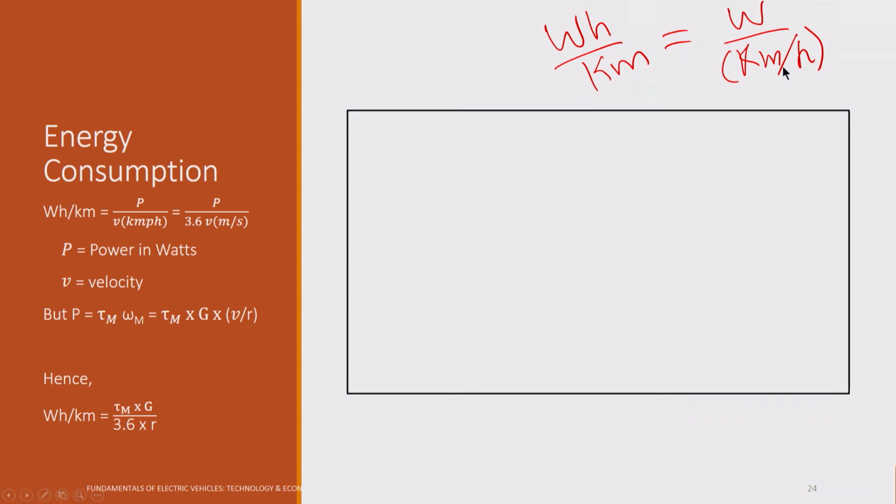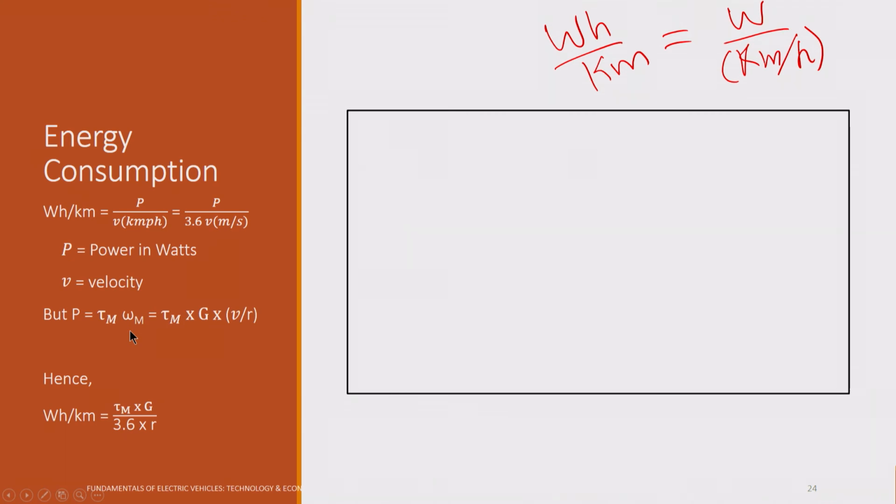So, this is what I am using here. Watt hour per kilometer is the same as power divided by velocity, where the velocity is expressed in kilometers per hour. But since I want to convert this to meters per second, I just have to multiply it by 3.6. And I know that the power is torque into angular speed. The subscript m stands for motor.